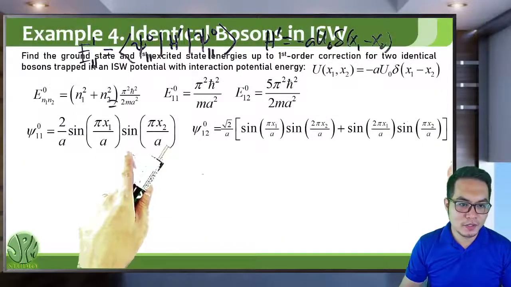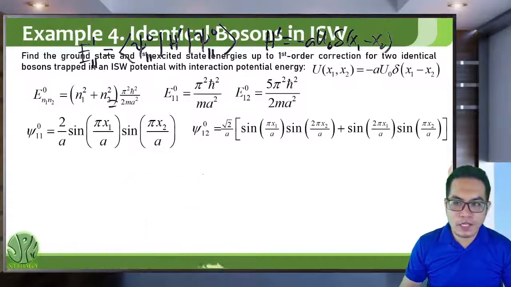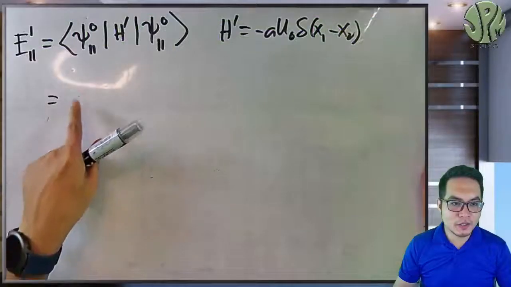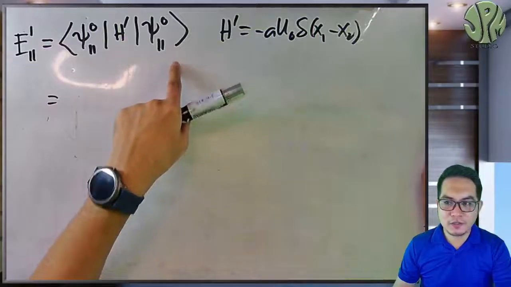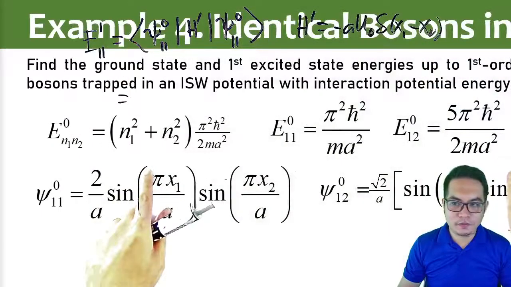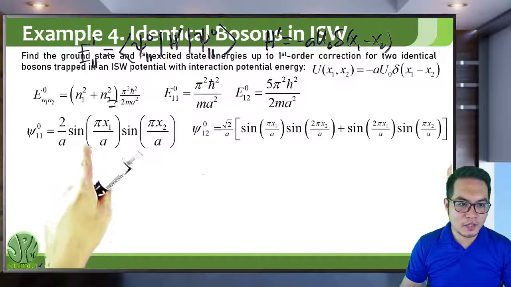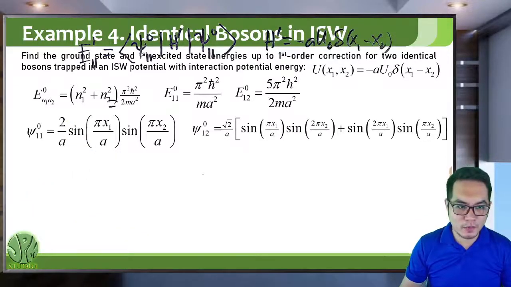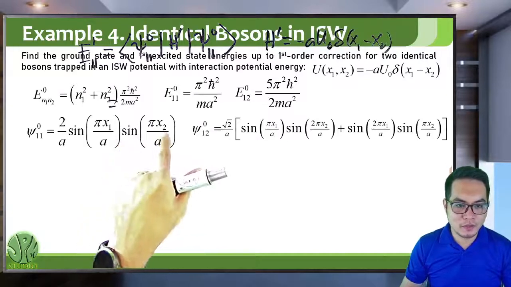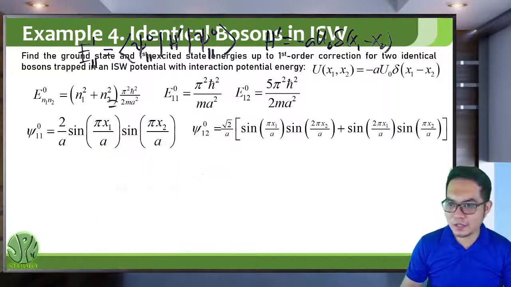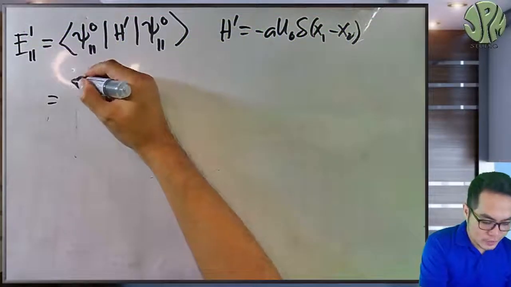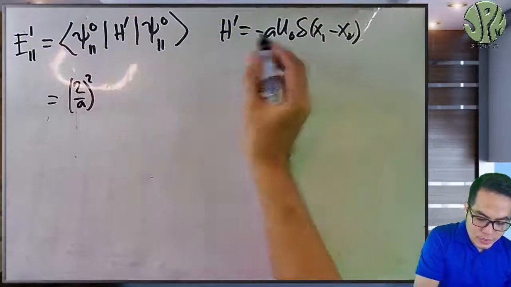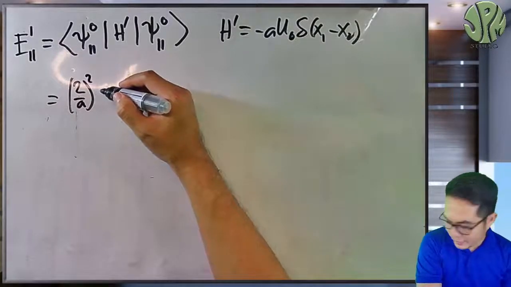In our equation, you need two ground states in the integral, so you will get 2 over A squared, the square of both of these terms, and then there's a factor here, negative A u naught.